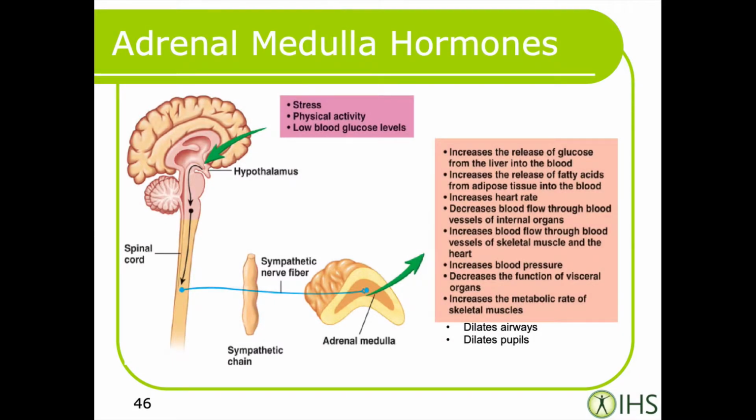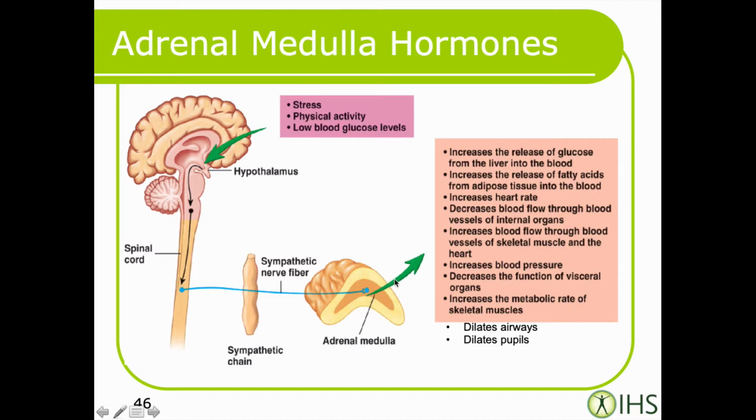The nerves of the sympathetic division travel down from your brain all the way to your adrenal medulla, and adrenaline is released in response to sympathetic nerve stimulation. A number of things can trigger this: stress, physical activity, and also low blood glucose levels, which is considered a stressor for the body.